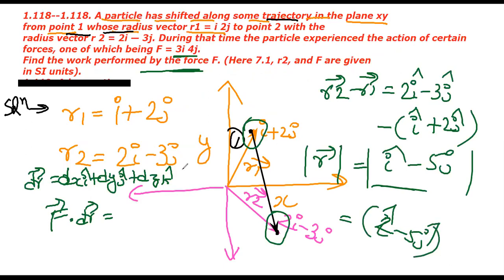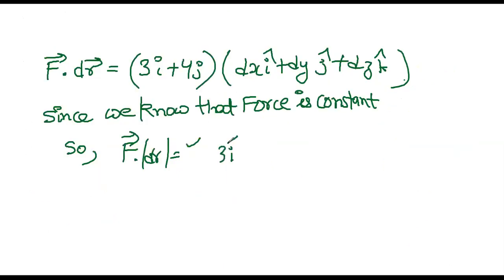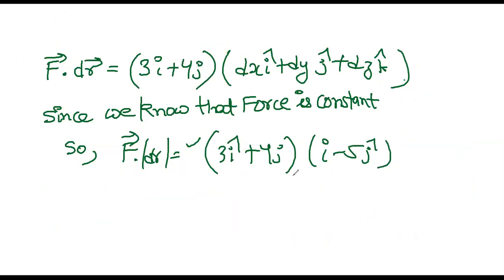So 3i plus 4j dot i minus 5j is equal to 3 minus 20, which is minus 17.